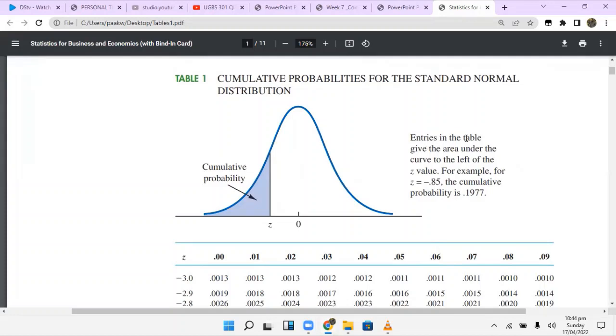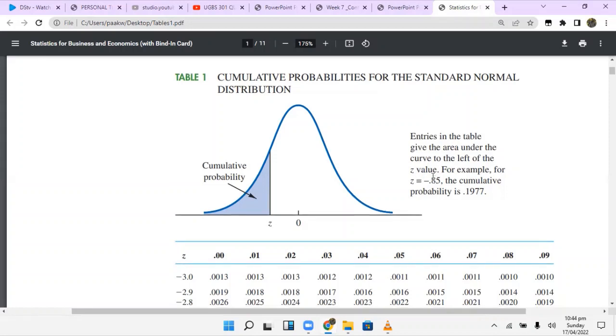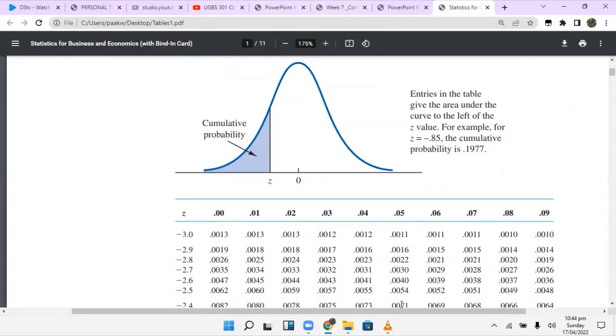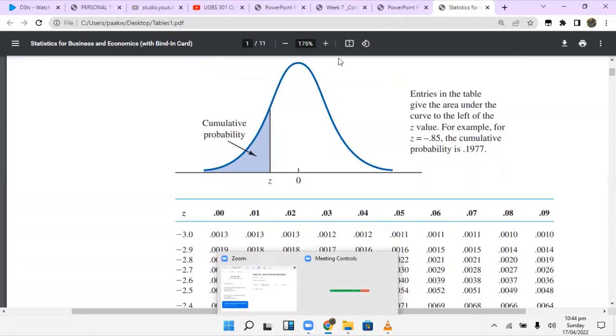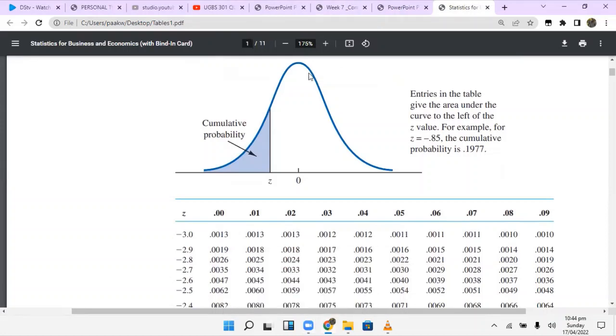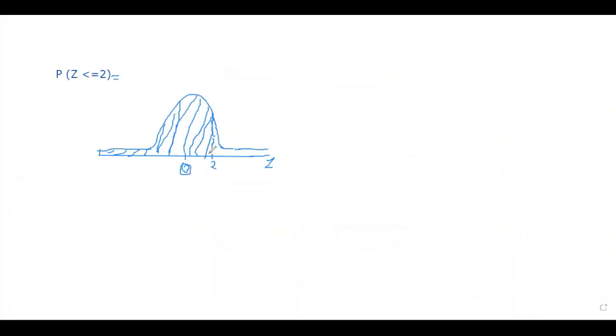So entries in the table give the area under the curve to the left of the z value. So fortunately for us, our shaded area is moving to the left. So we move straight to find the probability for the number 2.